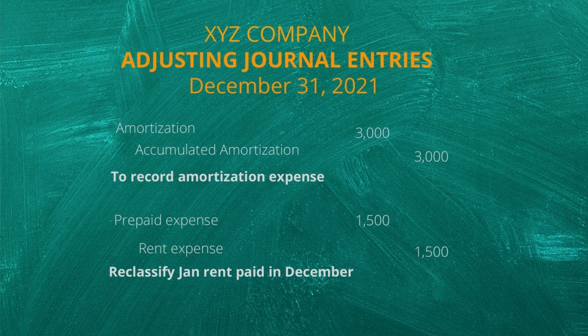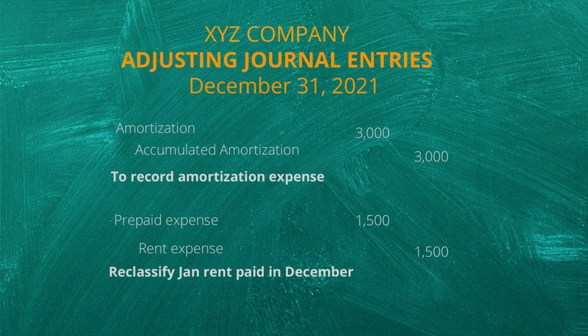So here in our example, if you want to record amortization expense at the end of the accounting period, you must make an adjusting journal entry, which is amortization debit 3,000, and then credit accumulated amortization, which is also 3,000.